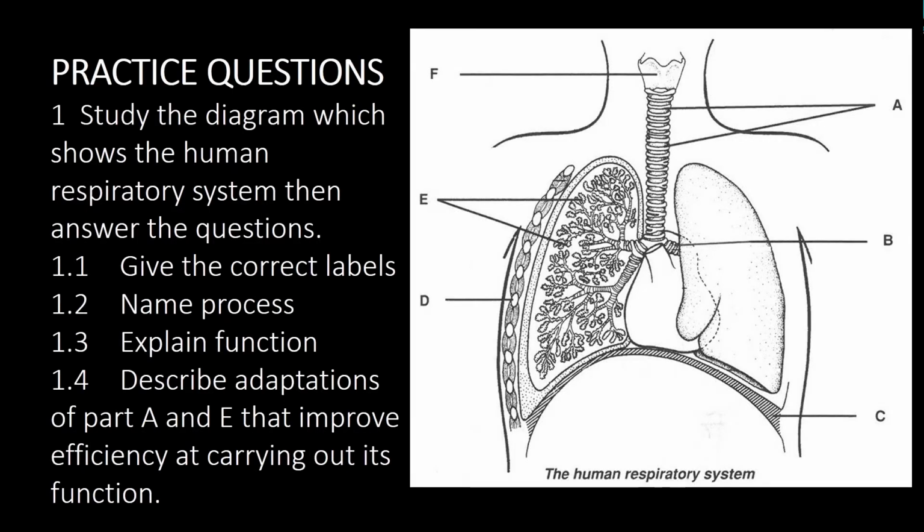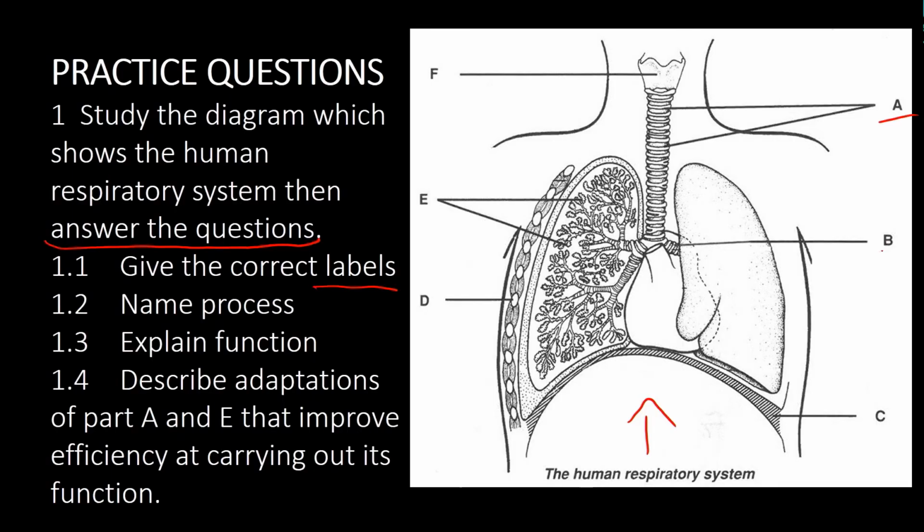Let's have a look at some probable questions, and we're going to start off with the easy or the straightforward ones. So very often you are given, as here, a diagram of the human respiratory system with the parts labeled. Okay, and then you would have to answer some questions. One of the questions is, have you learned your work?